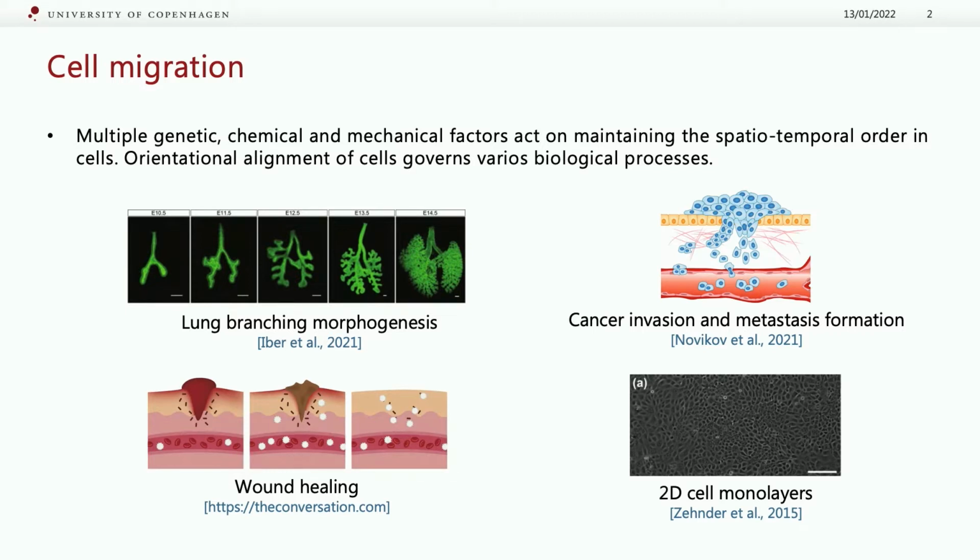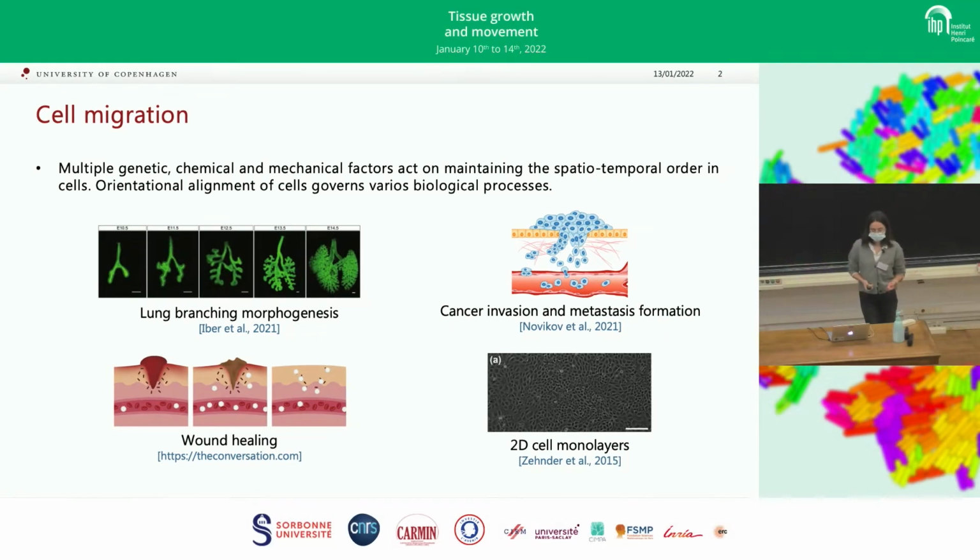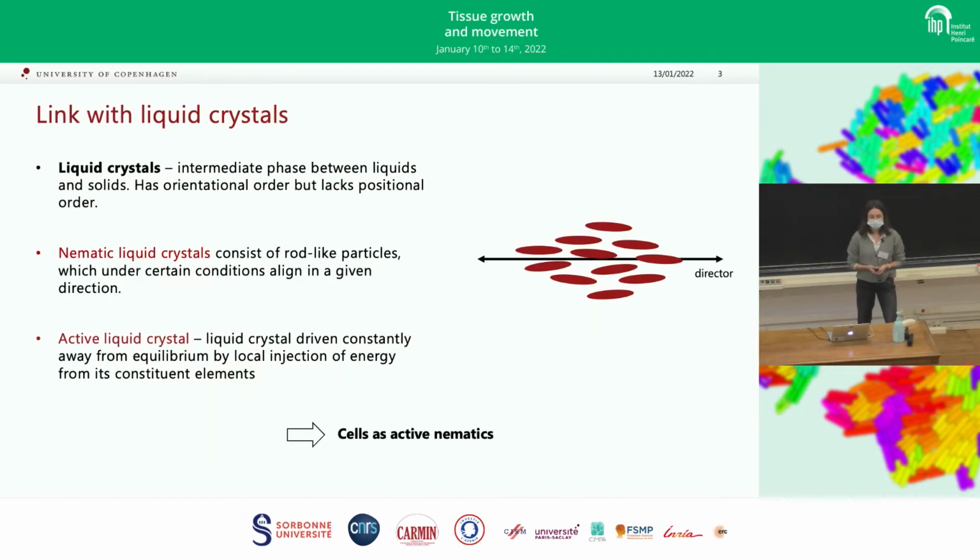Even though all these examples are very different and occur at different stages and organisms, there are some general features that are present. And one way to approach and model this general behavior is to make a connection with liquid crystals. So these are something between solids and liquids.